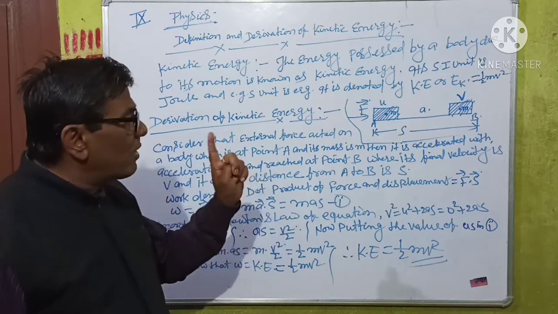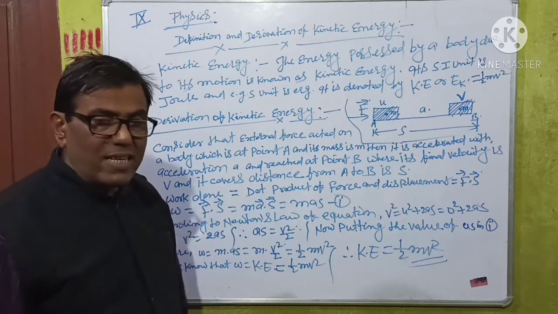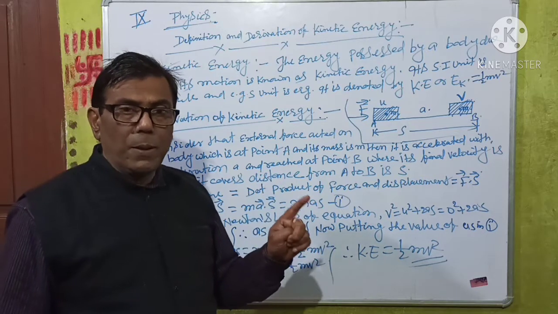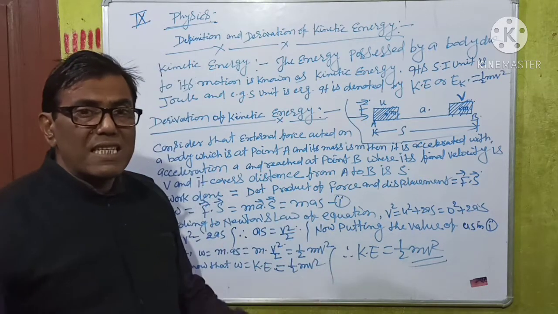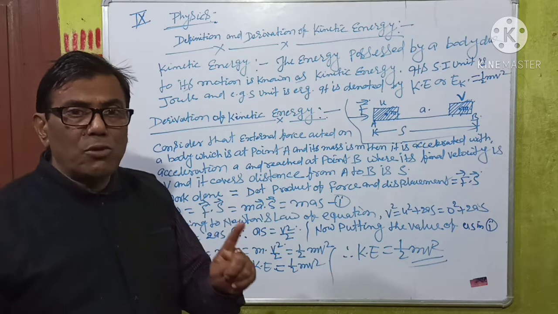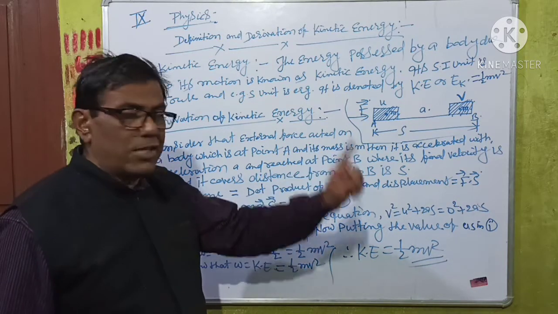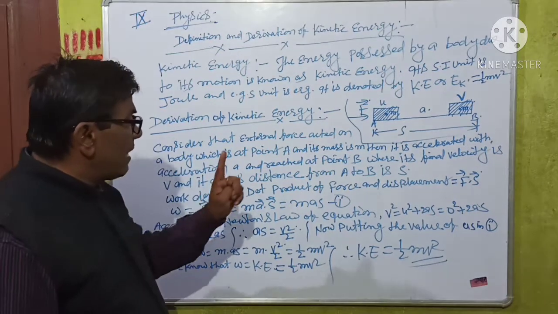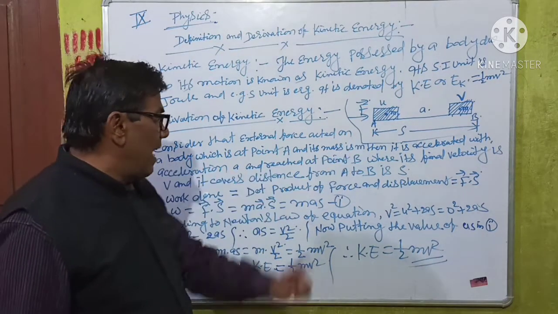Because it moves in a straight line, this distance is known as displacement, since it has magnitude as well as definite direction.